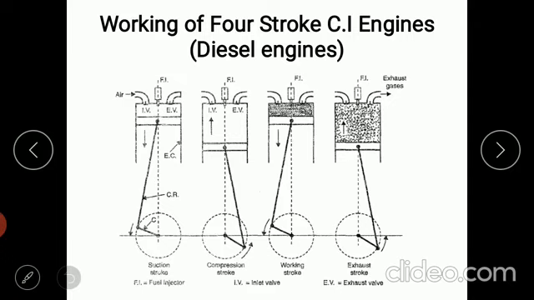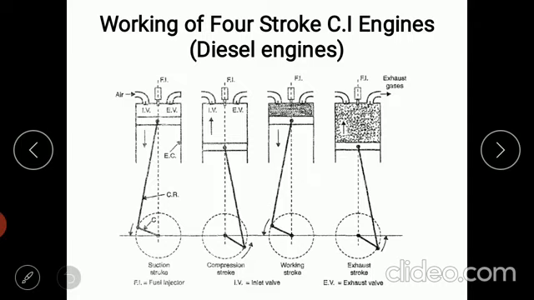Then during compression stroke, the air is compressed to a very high pressure and temperature. If you are increasing the pressure, automatically temperature also will increase. So the temperature should be in such a way that at the end of the compression, the temperature of air should be higher than the auto ignition temperature of diesel, because here we don't have any external ignition source like a spark plug.